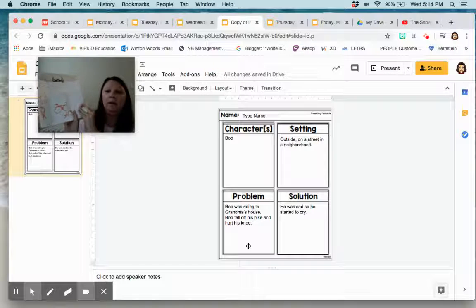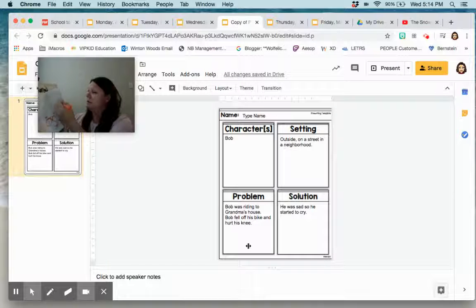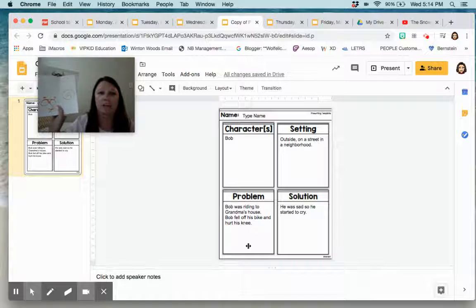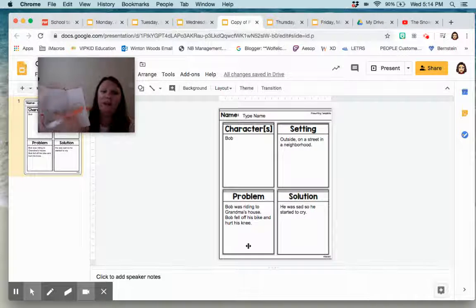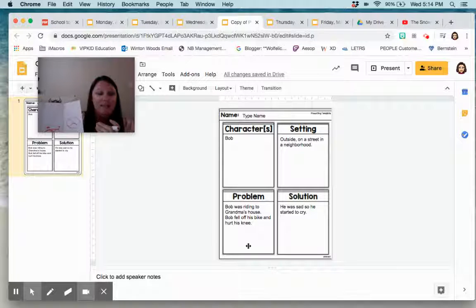And then Bob, he was sad and he started to cry. I've made a very quick sketch of what happened in my story. This is going to help me remember, so when I go back to write now, I can remember what happened. So now I'm going to go back and I'm going to start writing what is happening in each picture.